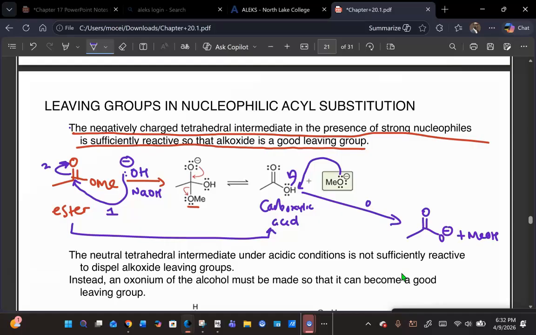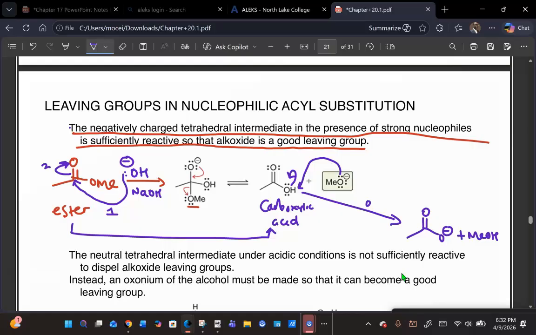Enzymes in biochemistry do this all the time using the aspartate and histidine residues in the active site of the enzyme. We'll talk about that when that time comes. Because the histidine amino acid in the active site has a basic nitrogen that pulls out the hydrogen from the aspartate.